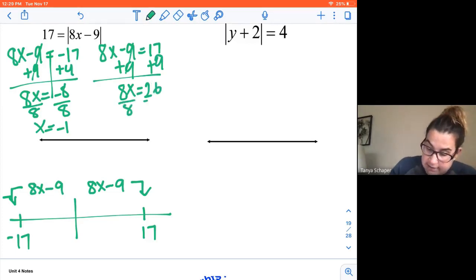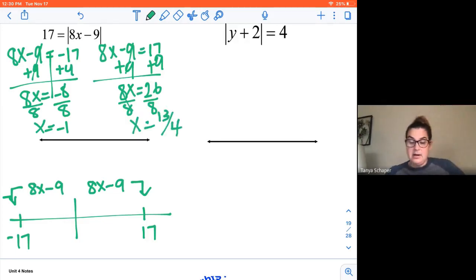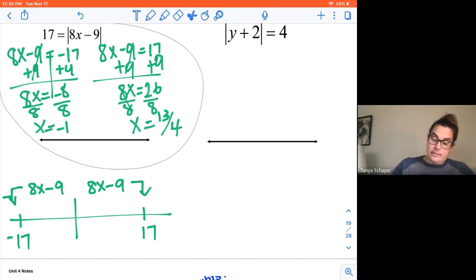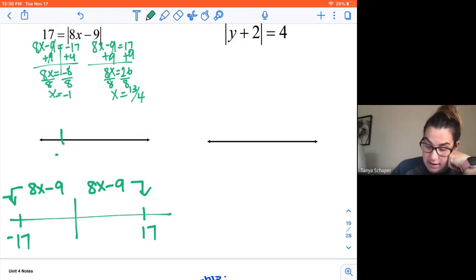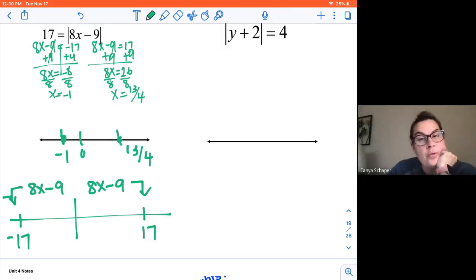Divide by 8. x equals 13/4. Okay. Now, it's important that we recognize that we can't just take one number and make the other one negative. Okay. So when I number it, it's going to be negative 1. And it's going to be 13/4. And here's my 0.